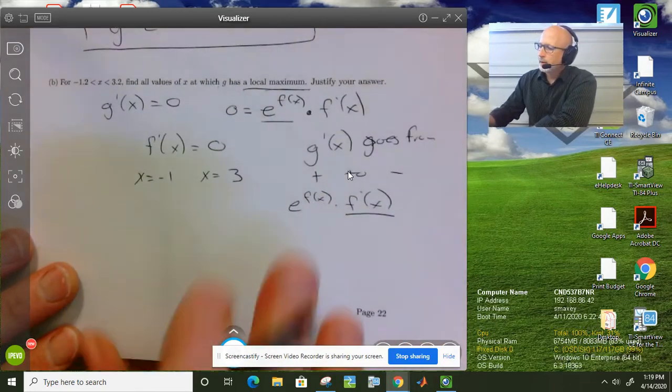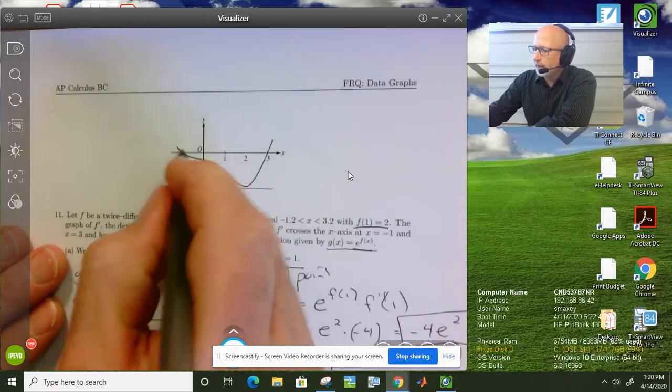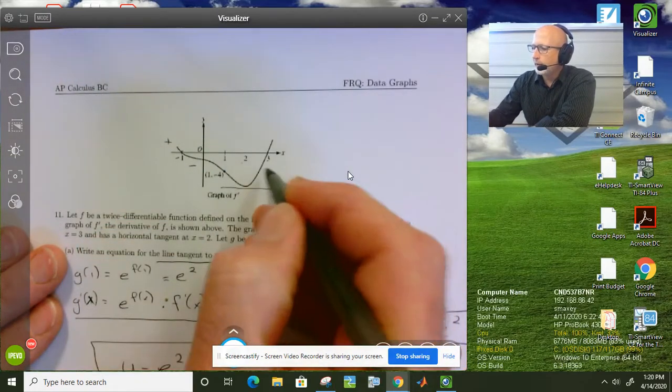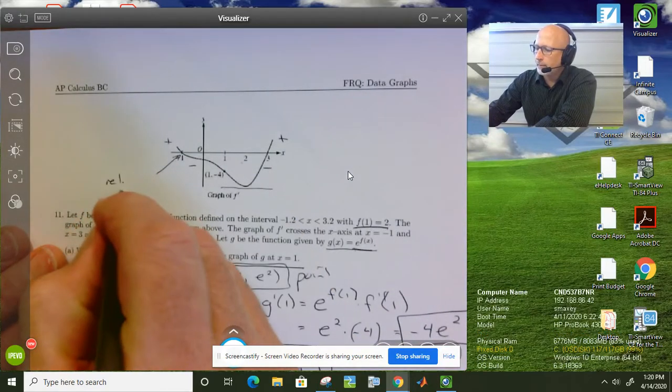So if you go up here and you look at f prime of x, it goes from positive to negative there, and it goes from negative to positive there. So this right here is a relative maximum value.